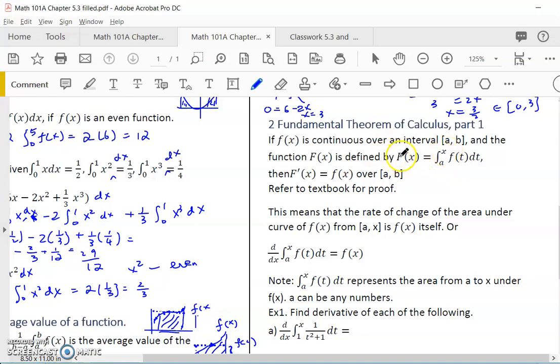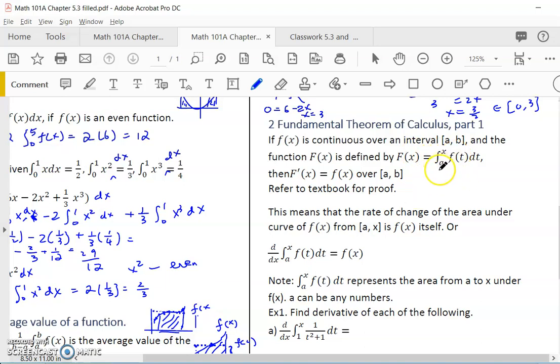And so this variable area is my function. And then I take a derivative. I want to know how my area is changing. It turns out that the area is changing at a rate that is f of x. So the antiderivative can be used to model the change of area under the curve.